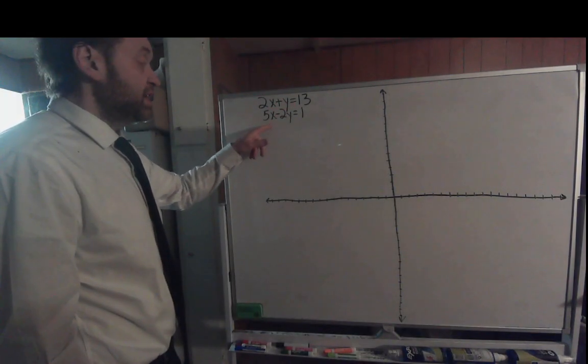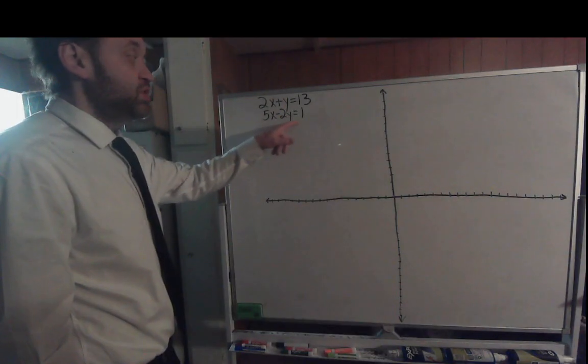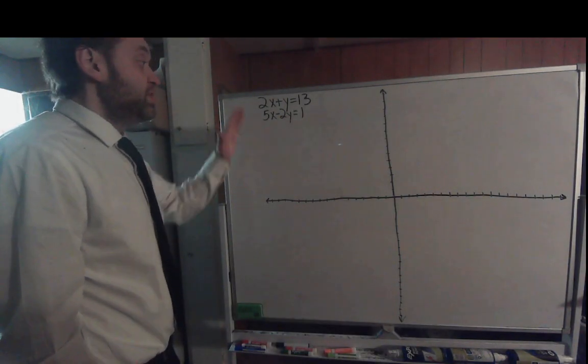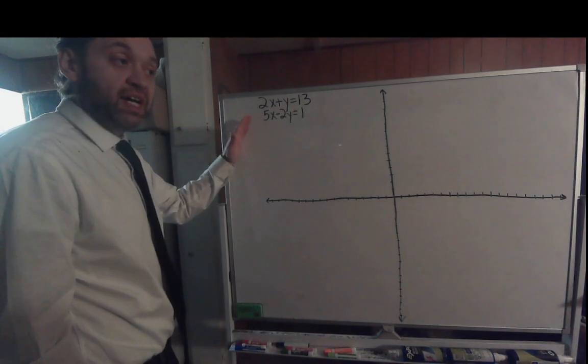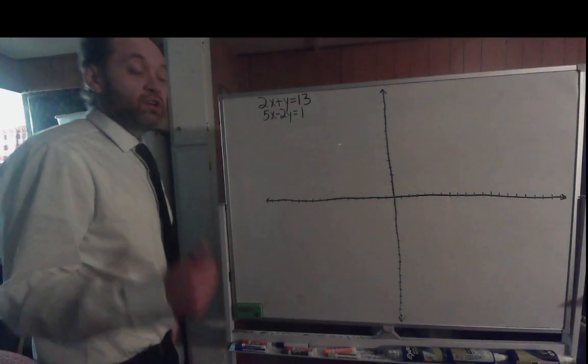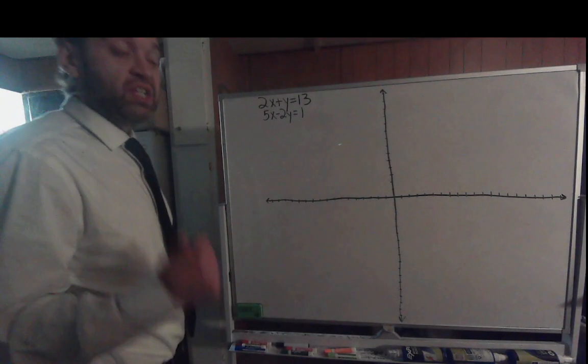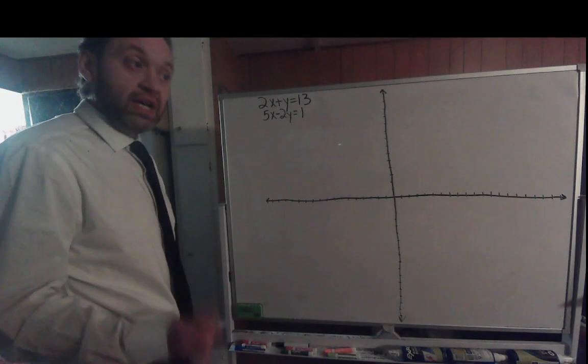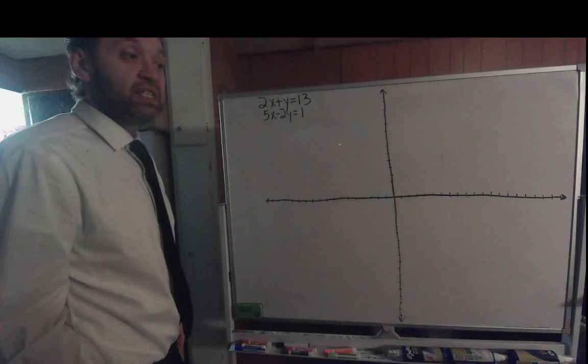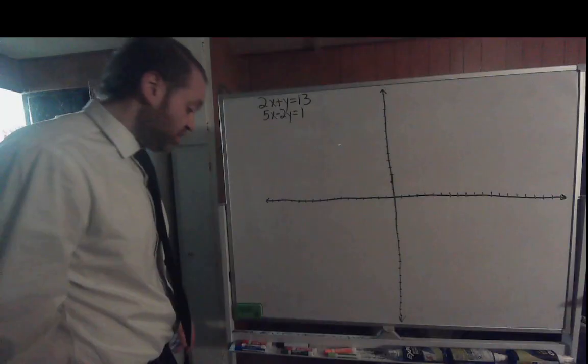We have the second line, 5x minus 2y equals 1. The idea of solving this system is figuring out where these 2 lines intersect. Of course, there are algebraic methods such as substitution and elimination, which we will talk about in the next lesson, but I think it's important to show you graphically what's going on.